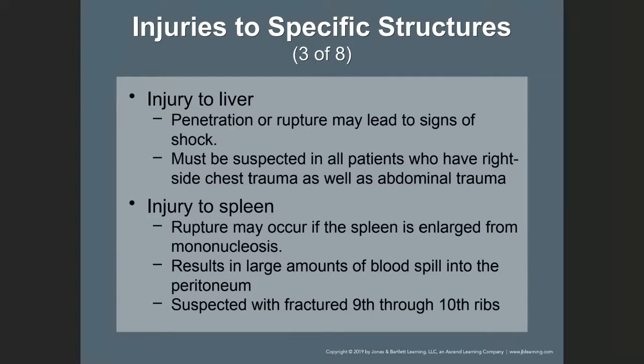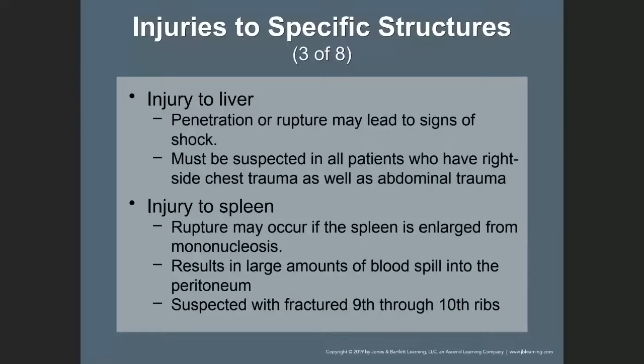It may bleed significantly. It must be suspected in all patients who have right-side chest trauma as well as abdominal trauma. When the liver is damaged, it can cause referred pain to the right shoulder. When the spleen is damaged, it can cause referred pain to the left shoulder.